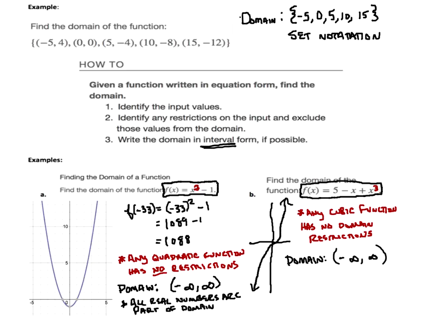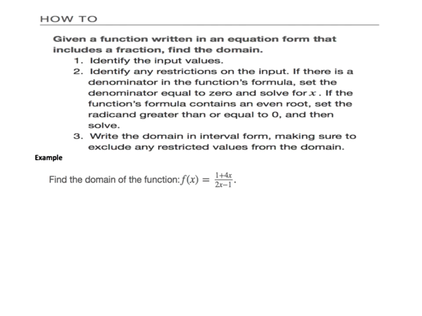So any polynomial function is going to have a domain of negative infinity to positive infinity. And 3.1 also gave you a list of toolkit functions that you'll need to know. So both of these functions were included in that toolkit in 3.1.